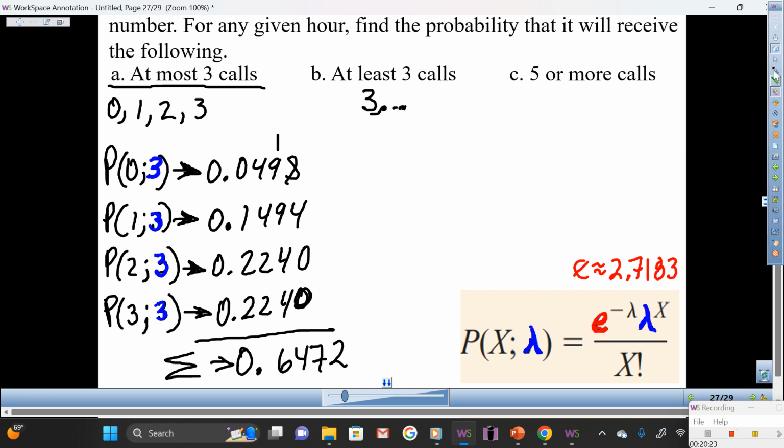Question. If at most is from 0, 1, 2, and 3 gives us this, at least means from 3 and on. What can we do to save time using some of the stuff that we used over here? Talk it over with your neighbor. What can we do?